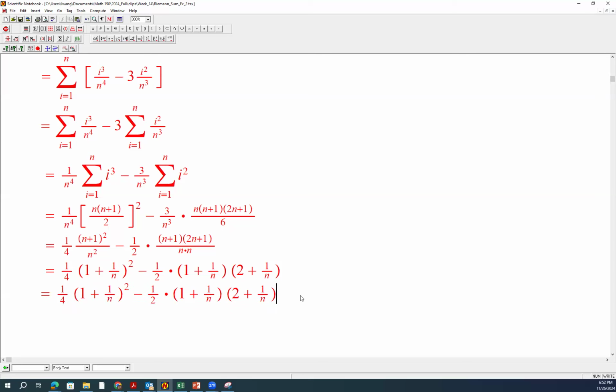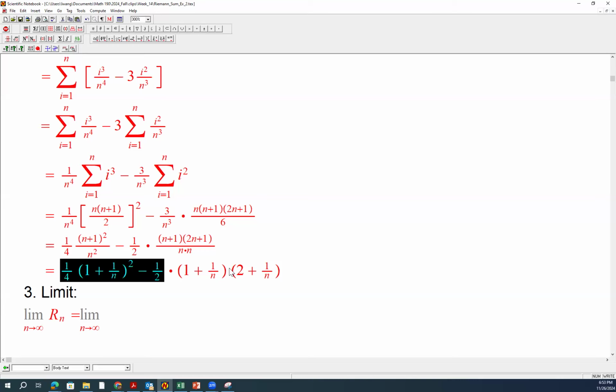You can see this is all routine. We don't need this step. Last step: limit as n approaches infinity, Riemann sum equals this limit on that whole piece, which is limit ready.